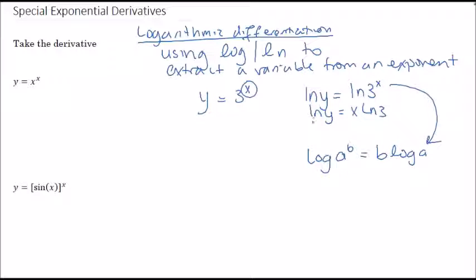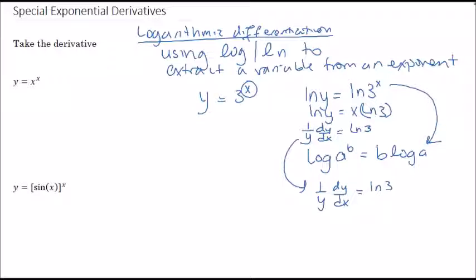Now, I can take the implicit differentiation of both of these sides: 1 over y dy dx. And note that ln of 3 is just a constant. So if this were like 3x, the derivative would just be 3. So in this case, the derivative is just ln of 3. Now, we're just going to bring this down here because I ran out of room.